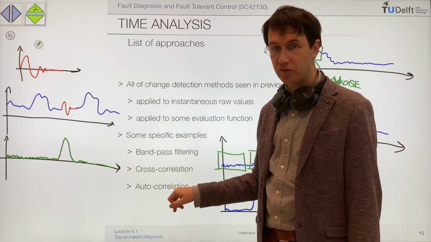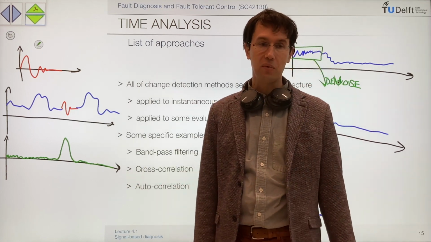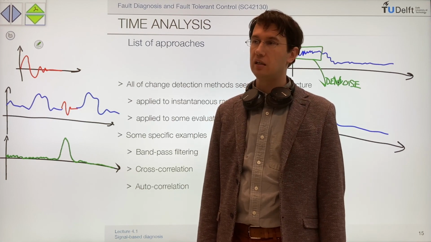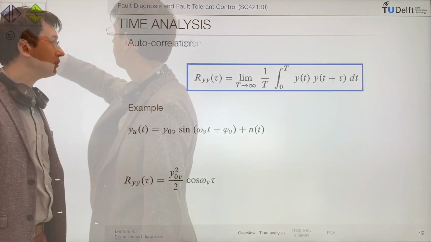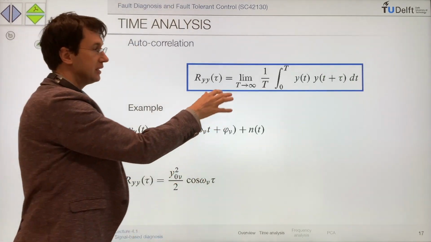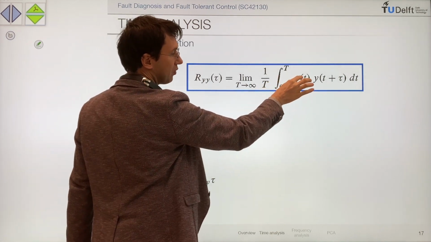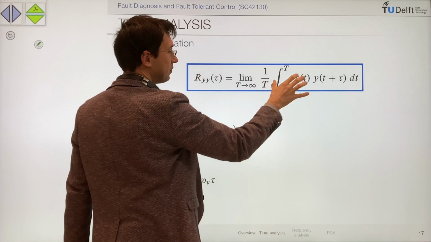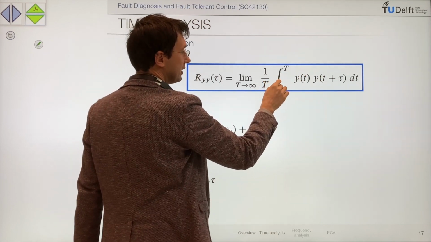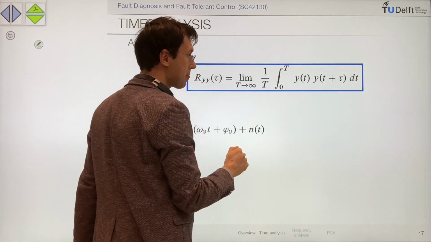And finally, autocorrelation is a cross-correlation of the signal with itself. Why should we need that? Well, the autocorrelation of a signal is defined in this way. You see, you have here the convolution of the signal with itself, and you are computing it over a time period from 0 to some t.